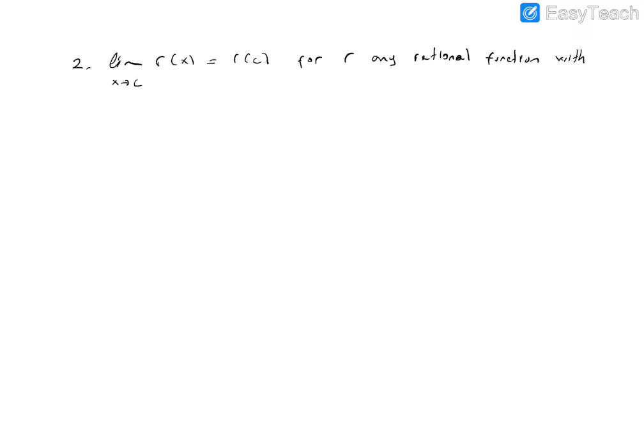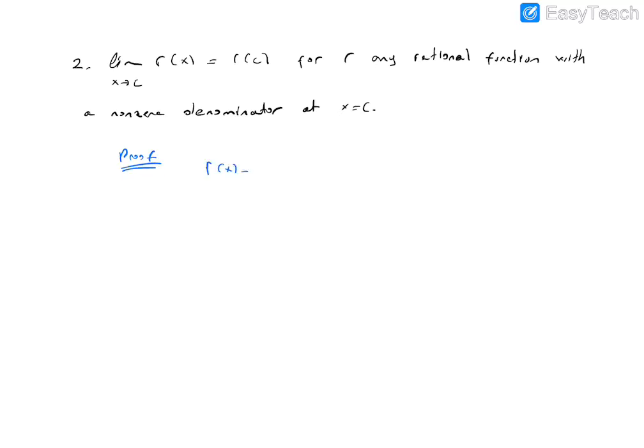So for the denominator we have some restriction, a non-zero denominator at x equals c. Why? Let's write a small proof again.